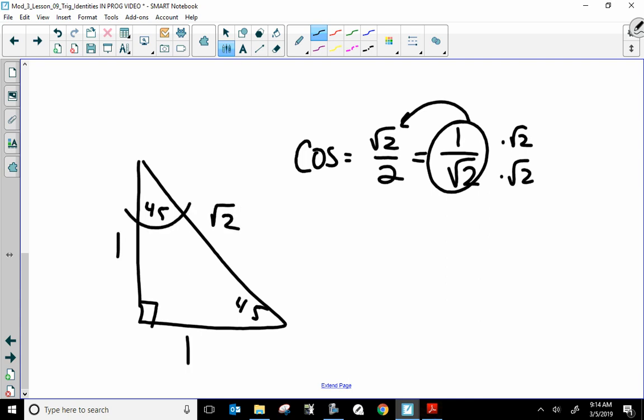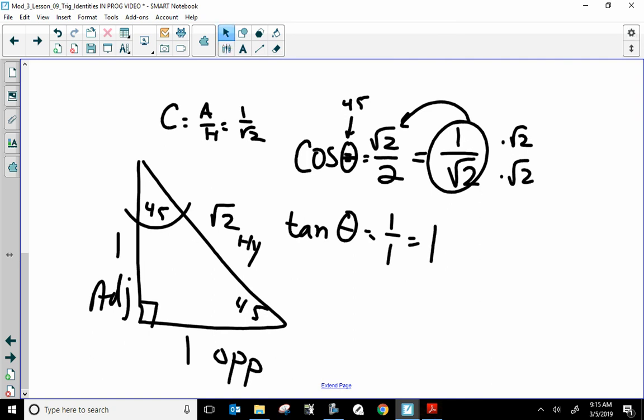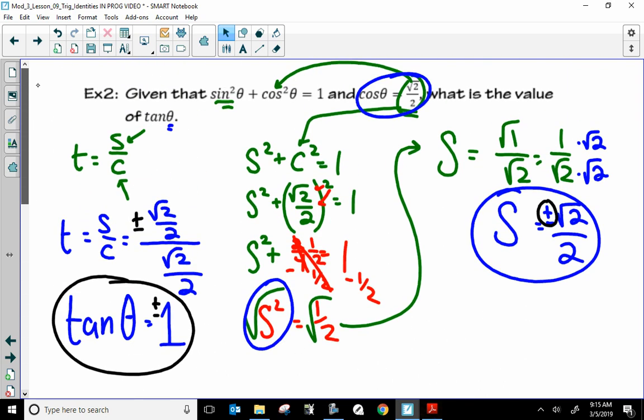Okay? So if the cosine of 45 is adjacent over hypotenuse, that's 1 over radical 2. So that means this is 45 degrees, the cosine of 45 degrees. So what's the tangent of that same angle? That's what they're asking us. Tangent is opposite over adjacent. It is 1 over 1, which is 1. So I just figured out the tangent of 45 using my special triangle.